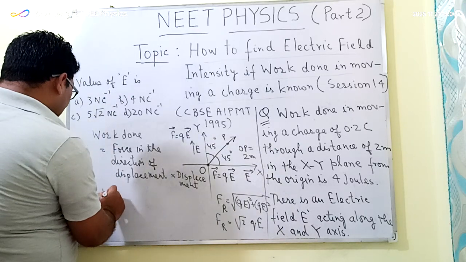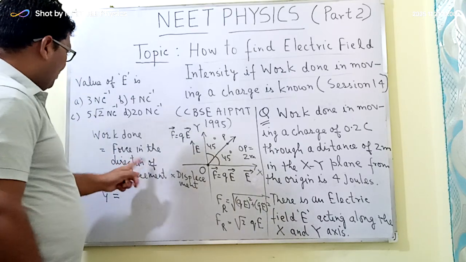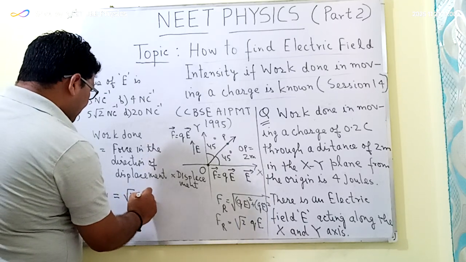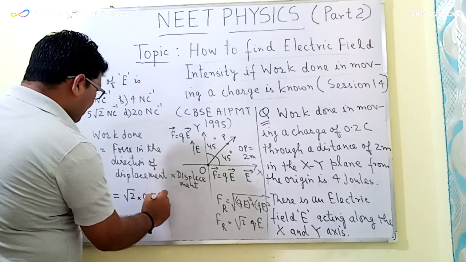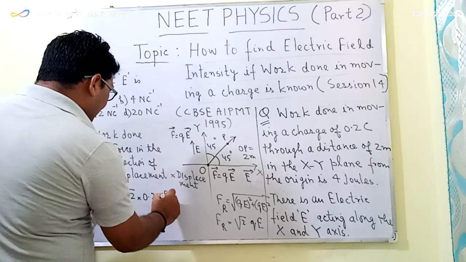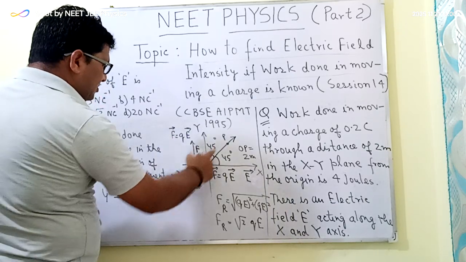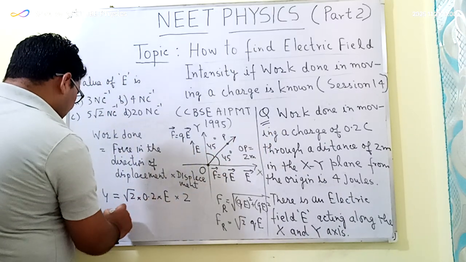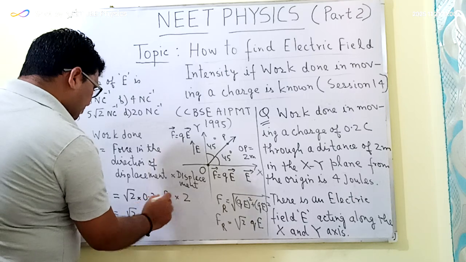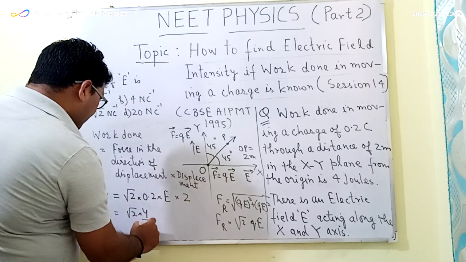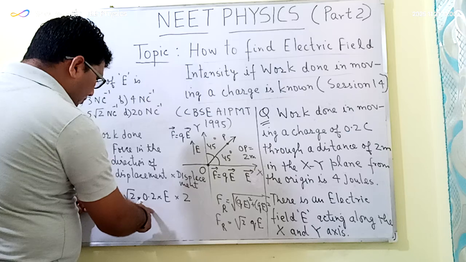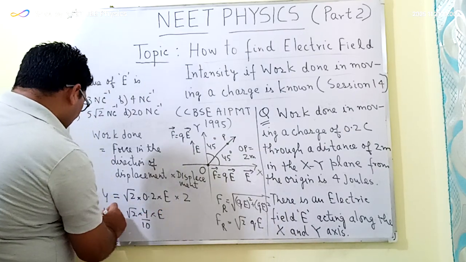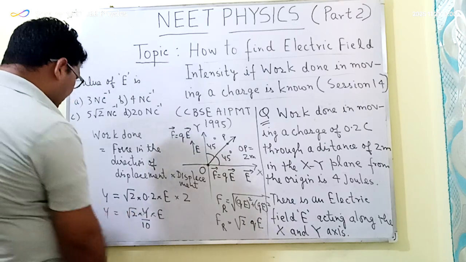So the work done, which is equal to 4 joules, is equal to the force in the direction of displacement, root 2 QE, where Q is given as 0.2 coulomb and E we have to find, multiplied by the displacement, which is 2 meters. So this is root 2 into 0.2 into 2, that is 0.4, which I have written as 4 by 10, into E, and this is equal to 4. From here, the 4 and 4 get cancelled out.